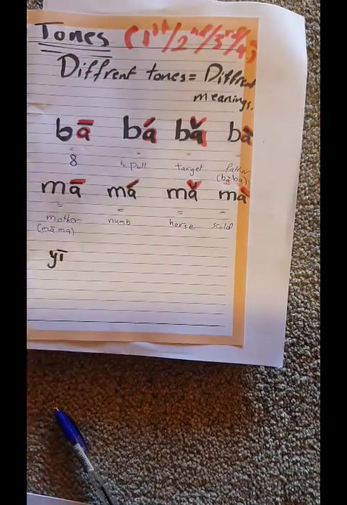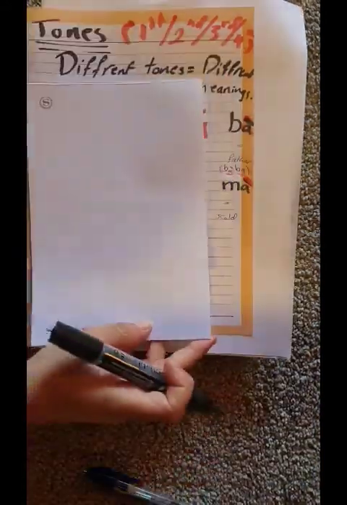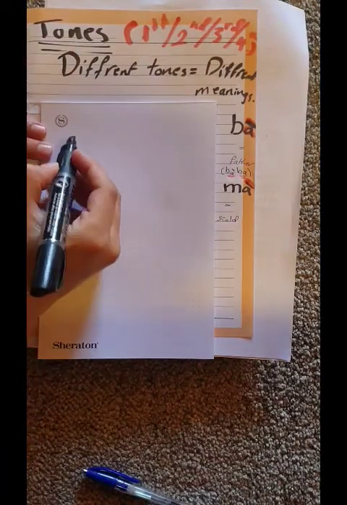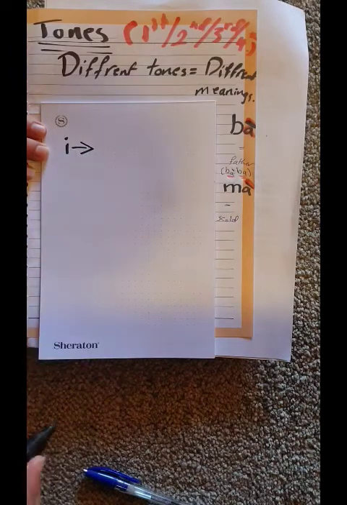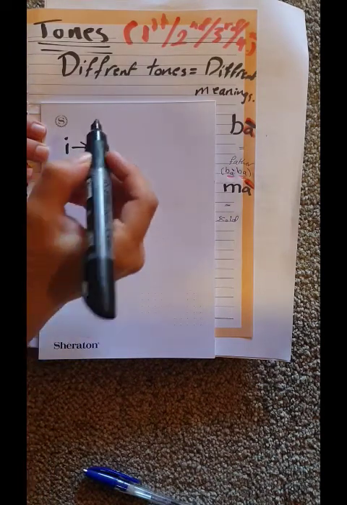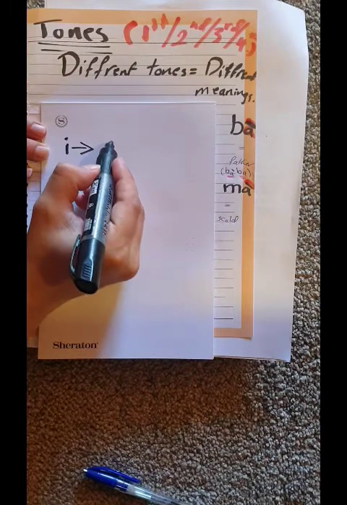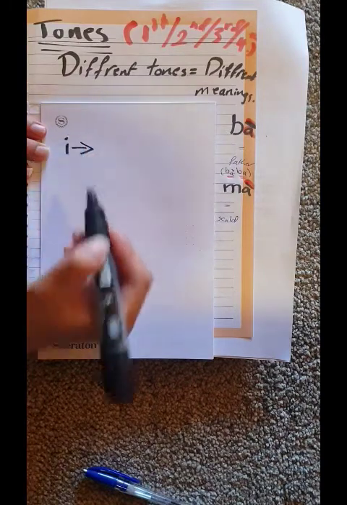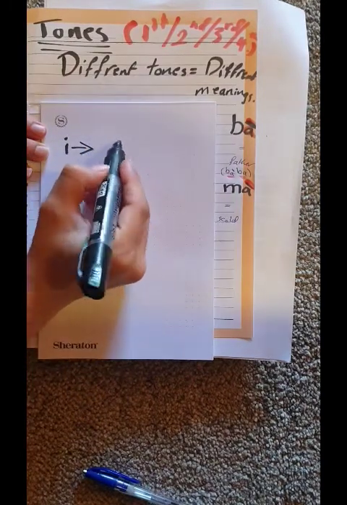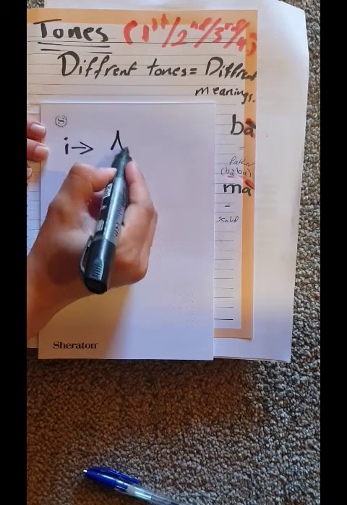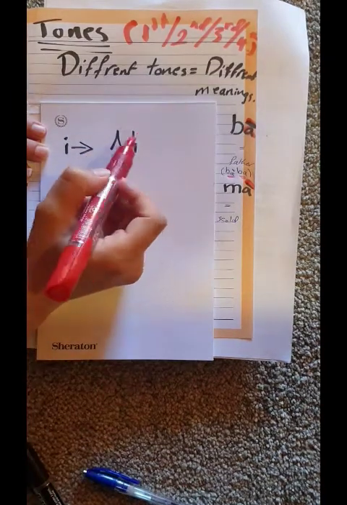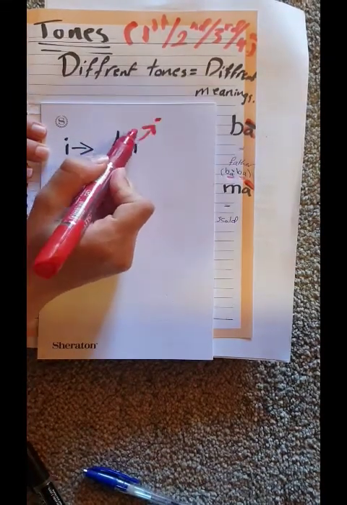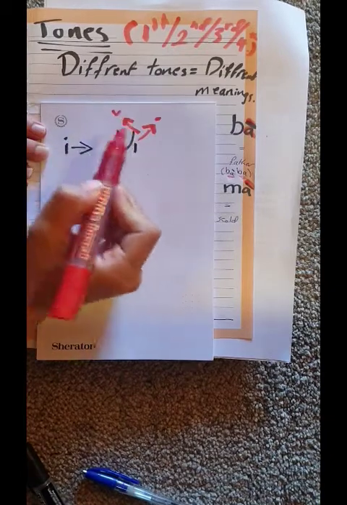You're gonna ask me, teacher, what is this letter? I want to tell you something about this letter, guys. Whenever the i, you want to put it with any initials, it must come with the tone instead of this dot. So for example, I want to write ni. I have here two things, the dot, and the tone.